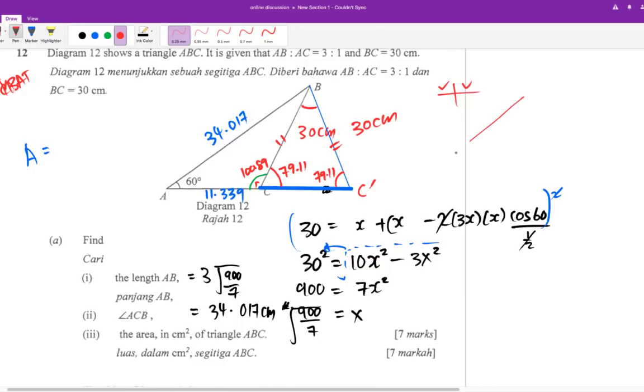You just draw nicely to show the examiner you actually understand this one. So you should write 30, 34.017, 60, 79.11. This is how you should sketch your triangle. And then label it definitely B, A, and C.